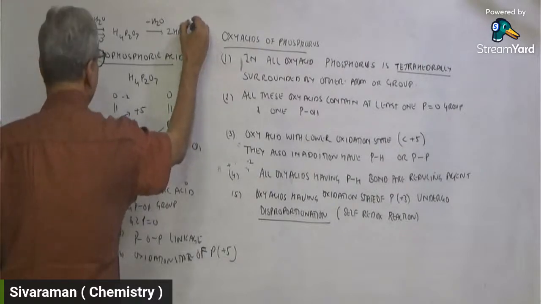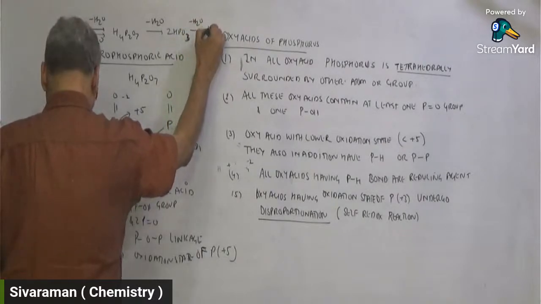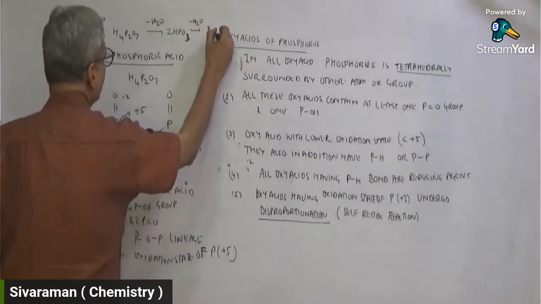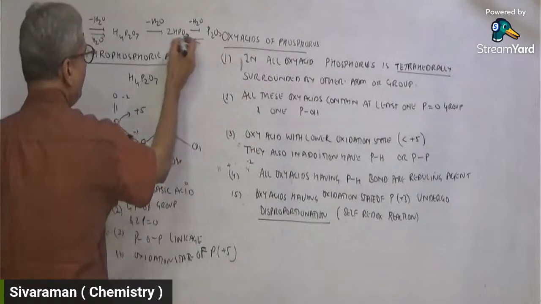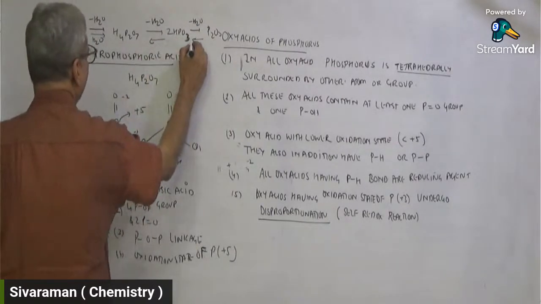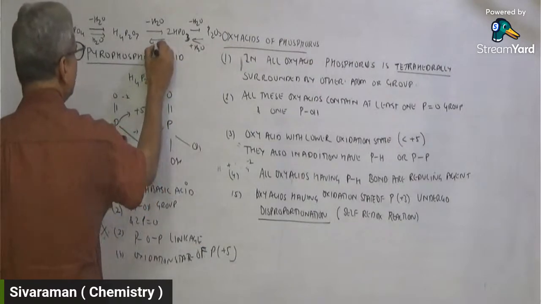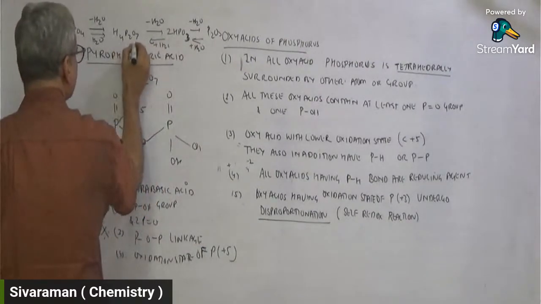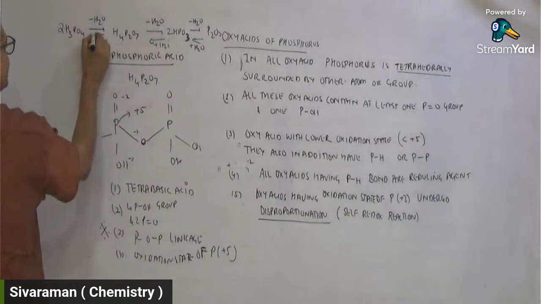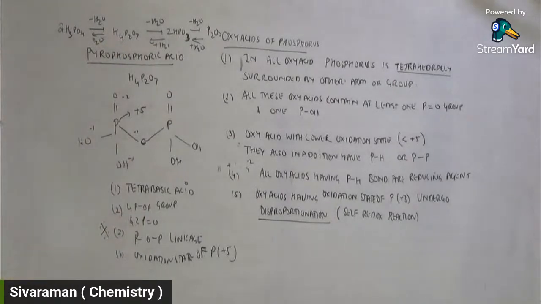You further heat it, remove one more water molecule, you get P2O5. Now the reverse: P2O5, you add water, you'll get 2HPO3. 2HPO3, you add water, you will get H4P2O7. Add water again, you will get H3PO4. It's a very interesting sequence that they have given.